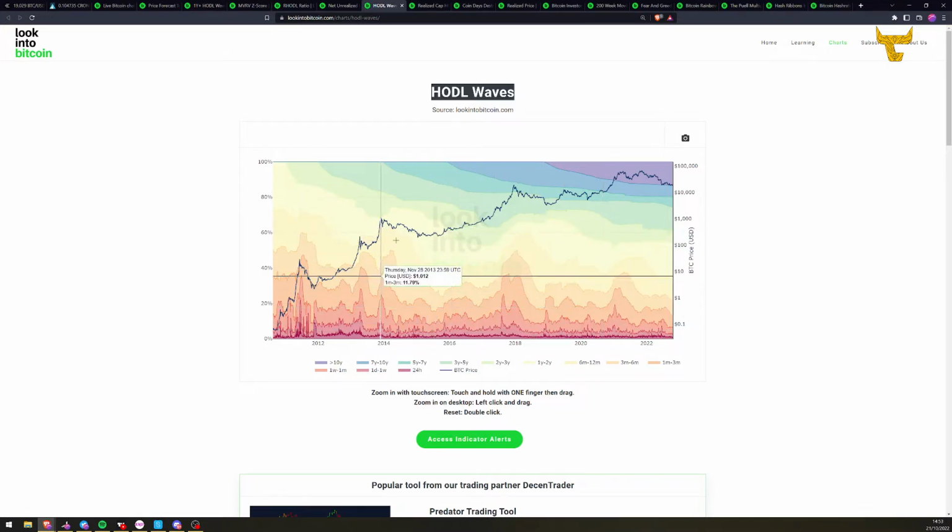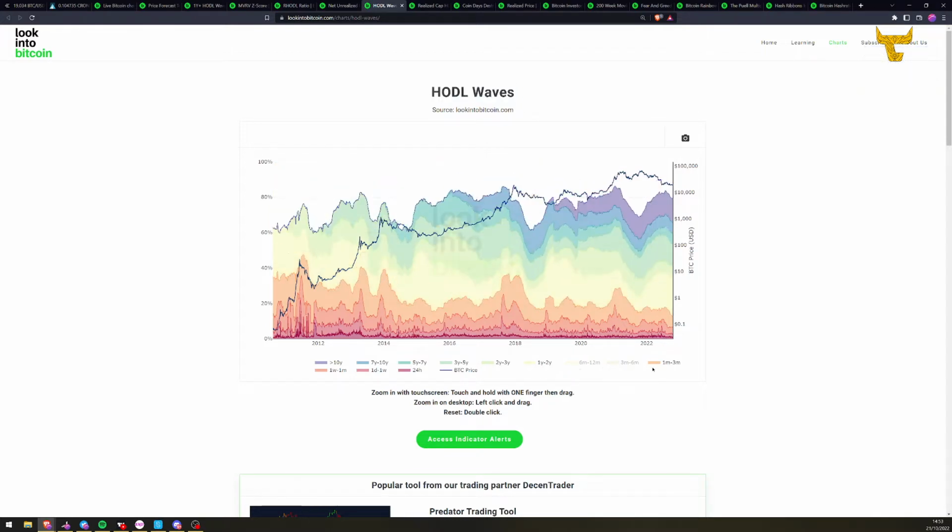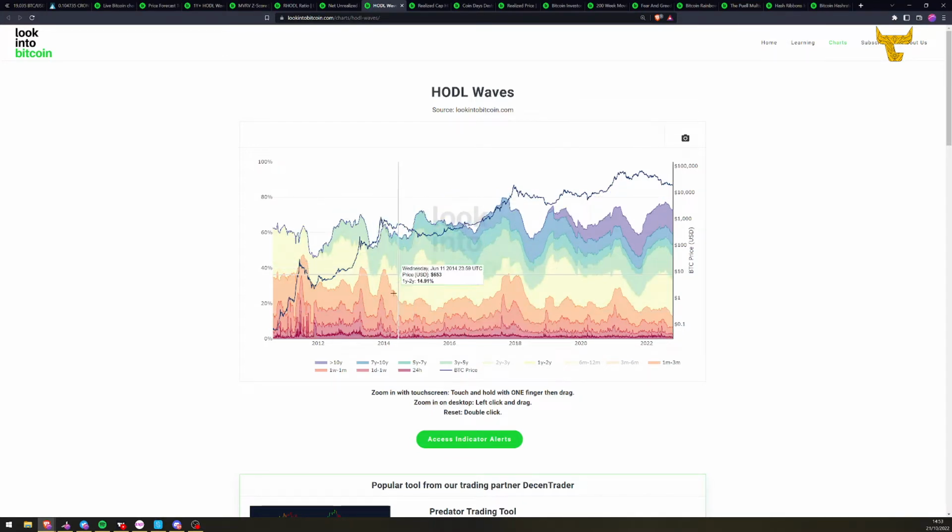So an interesting chart again. We talked about that one, but it shows a yellow zone in the middle. It's growing very fast at the bottoms.